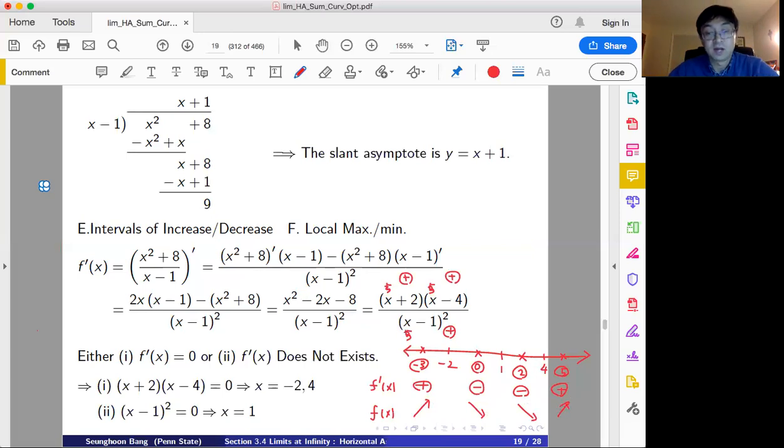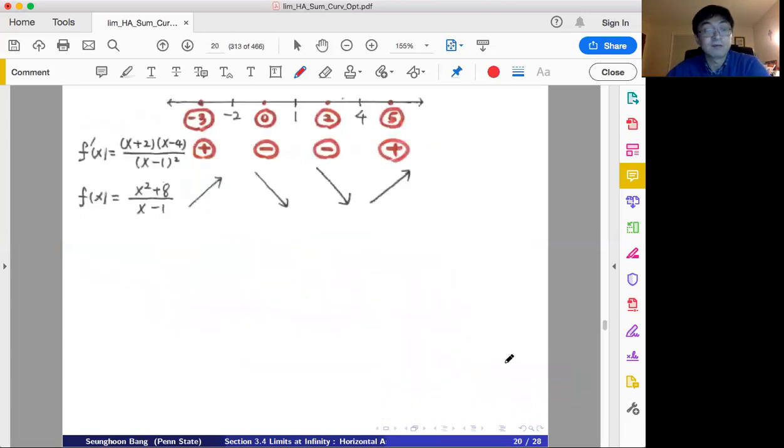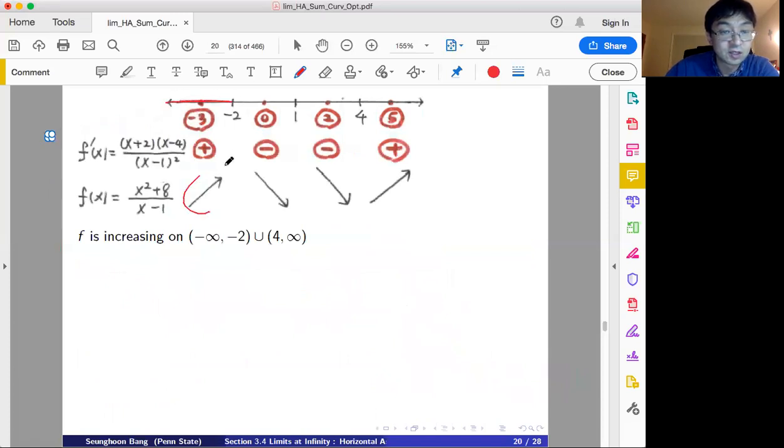So we have it like this. Increasing on 2 intervals, here to here, and here to here. The decreasing on 2 intervals, negative 2 to 1, and 1 to 4.